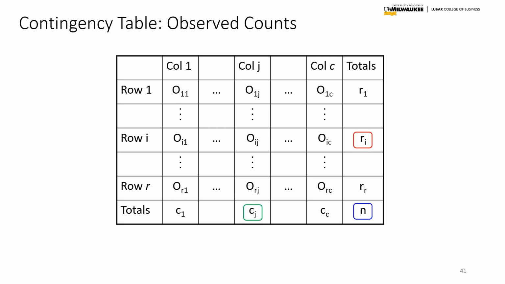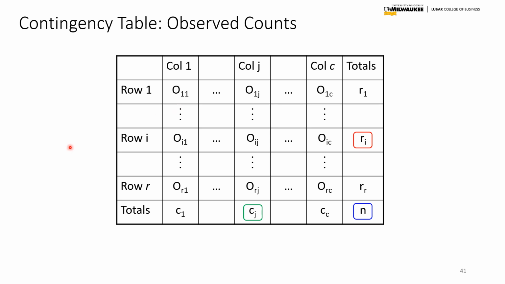Here is a general contingency table. We have a number of columns, and I'll generically call that C columns, and we have a number of rows, in general R rows. The intersection between any given row and column is the observed count. So for example, row 1 intersecting with column 1, we observe O_1,1. The subscripting indicates row and then column.